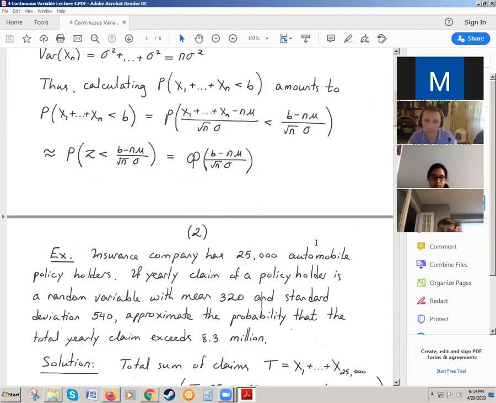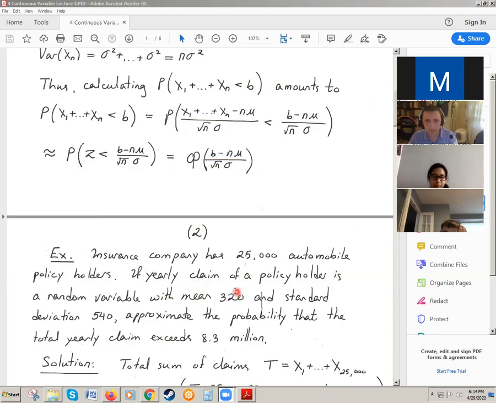Let's suppose that the yearly claim that a given policyholder is going to make is a random variable. It can be any number. Let's say money varies roughly continuously, like water.